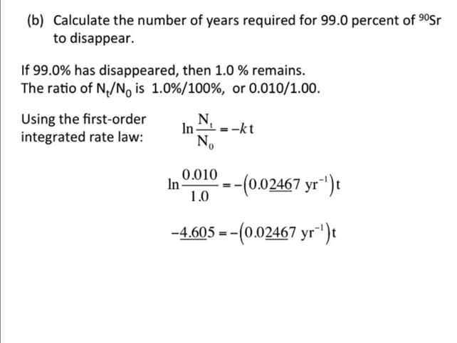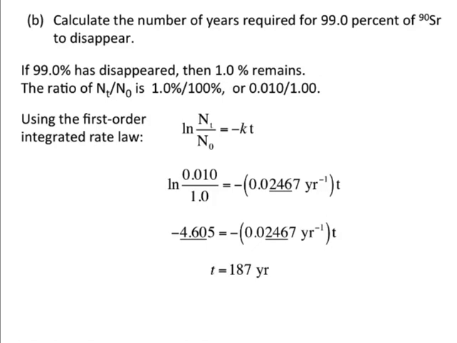Now 0.010 has 2 sig figs in it, and so we're going to have 2 decimal places in negative 4.60. So it doesn't matter if it's 1.0 or 1.00, the mistake I made here. And then, great, so there's that number. We have our rate constant. Now we're going to solve for t, and that's 187 years with 3 sig figs.